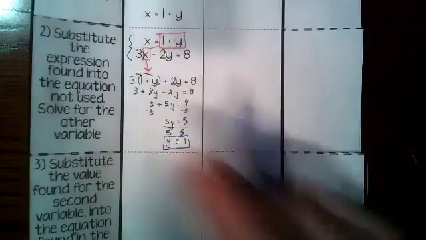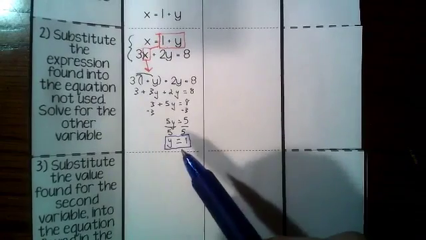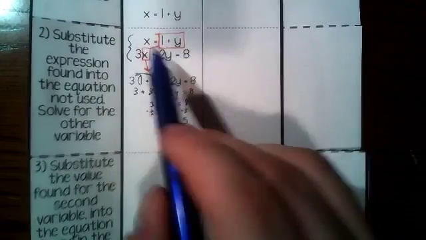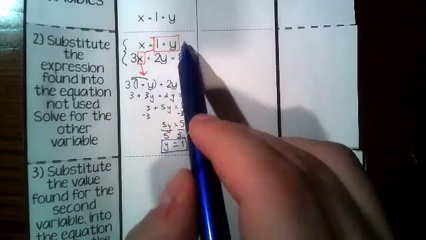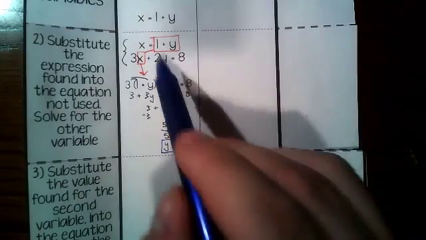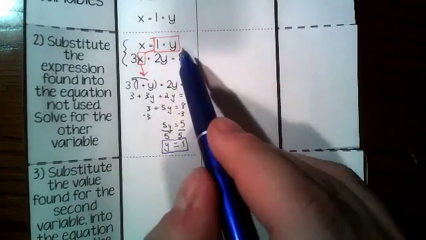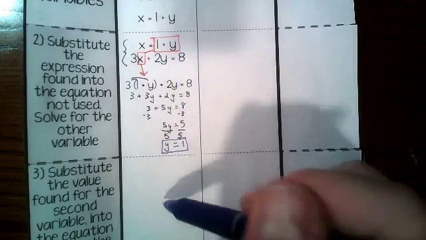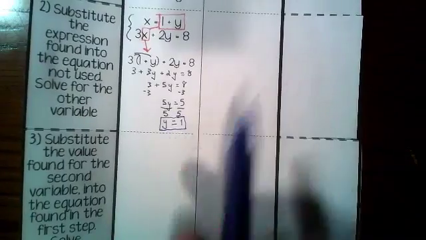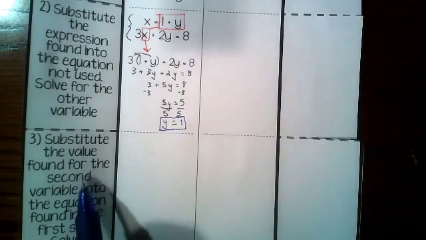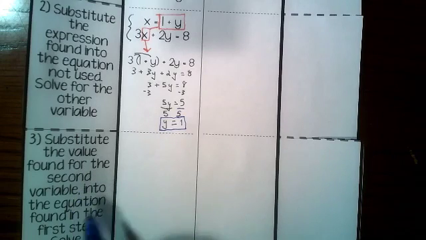Now if I know y equals 1, how can I find x? Well, x is 1 plus y. So if y is 1, then x must be 2. And to show that algebraically, we substitute the value found for the second variable into the equation found in the first step.